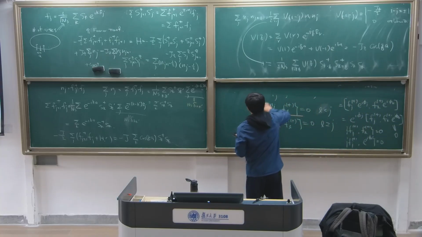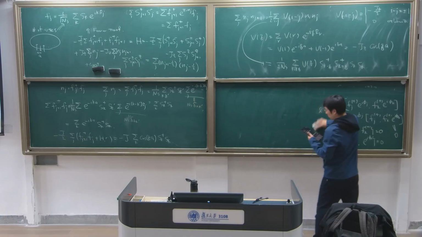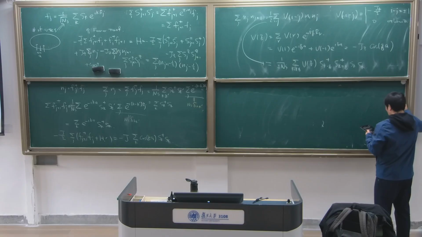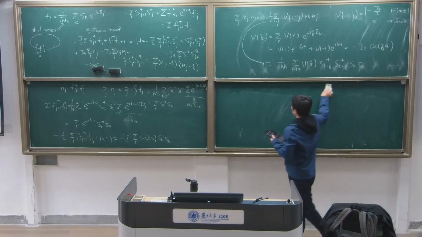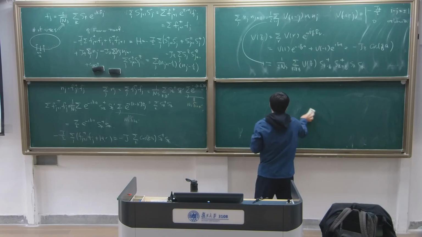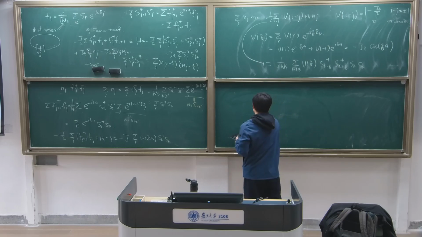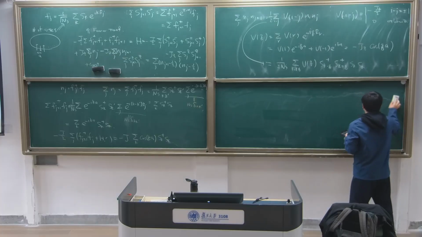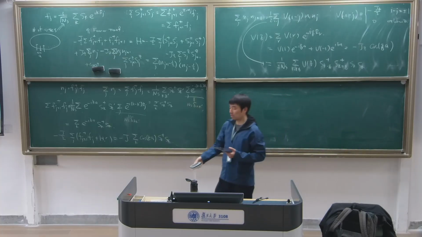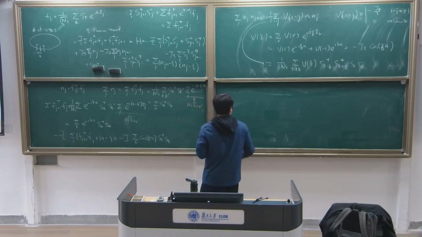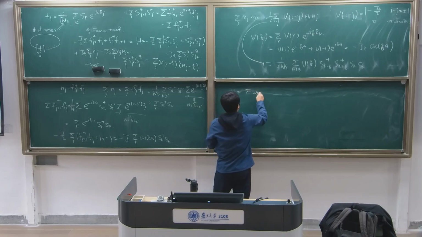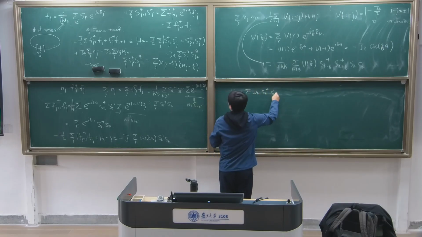If you plug them together, H is equal to the sum over k of omega k Sk dagger Sk.